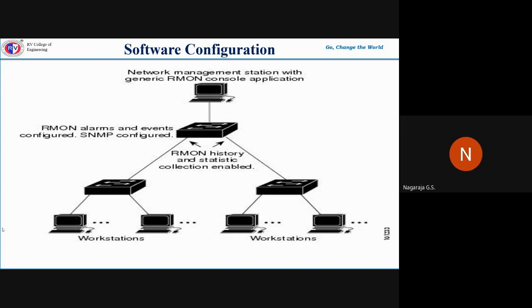Whatever it is, the flow of information happens in this particular manner only, with a very specific, well-defined software configuration which you want to extract, or for which you want to identify the statistics. To understand the various statistics, the corresponding software must be available at the console application. Otherwise, it may not be possible.